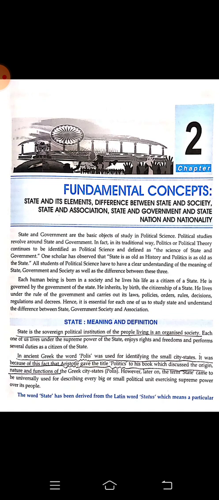However, later on the term state came to be universally used to describe a big or small political unit. So we can understand that the term state was used to explain different Greek city-states, and later on it was used to describe big or small political units.